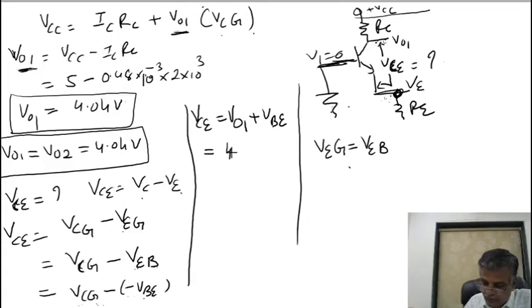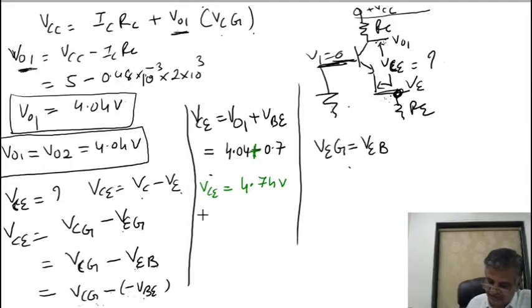VO1 is 4.04. This is how much they have given? 0.7. So you can write this value. VCE, if you calculate, you will get nearly about 4.74 volt. Minus minus plus, here I should write plus sign. So your VCE at quiescent condition is 4.74 volt.